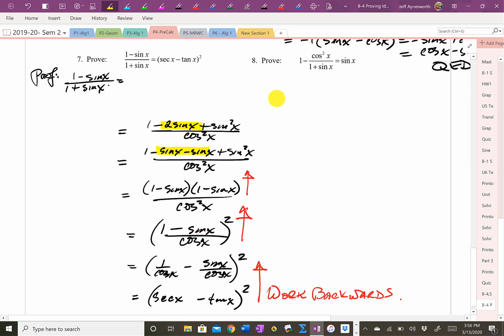I'm going to use a trick that I used before. I'm going to use a conjugate. So, let's see what happens when we multiply by the conjugate here and get this quadratic here. Okay, so let's multiply. Let's take 1 minus sine x here, divided by 1 plus sine x, and let's multiply by the conjugate and see what happens.